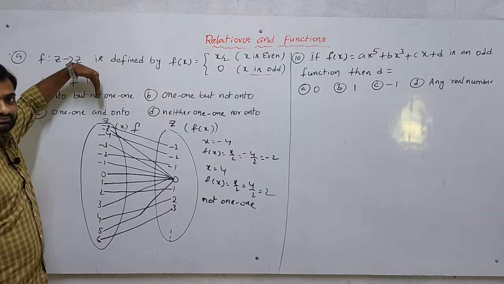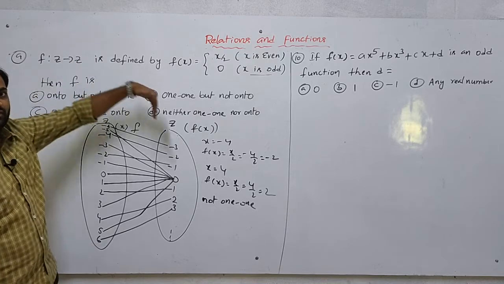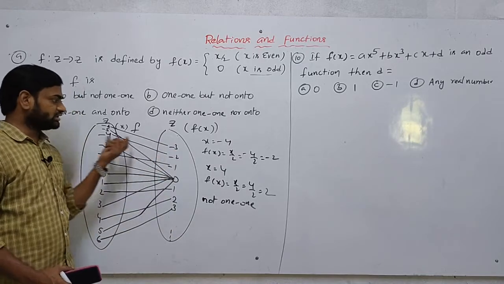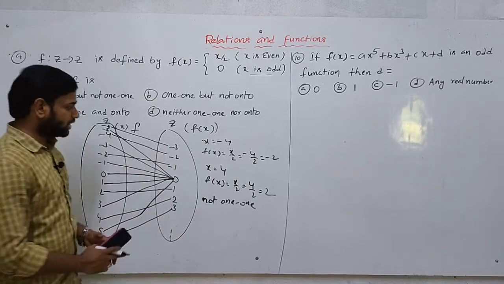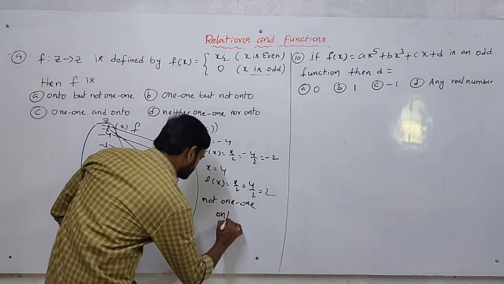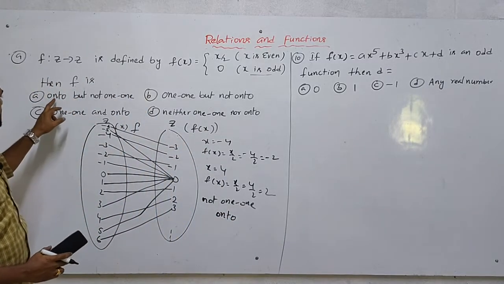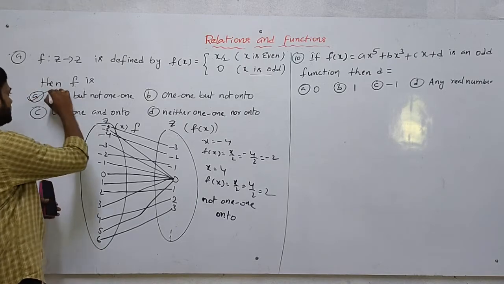It is 10, 10 by 2 is 5. If you take any element here, there is a mapping. So it is onto. So it is not one-one but onto. That means onto but not one-one. Option A.